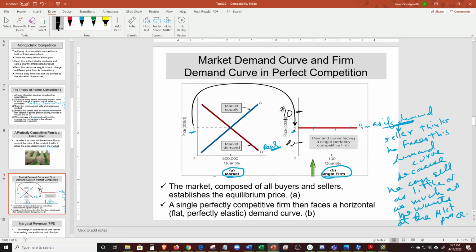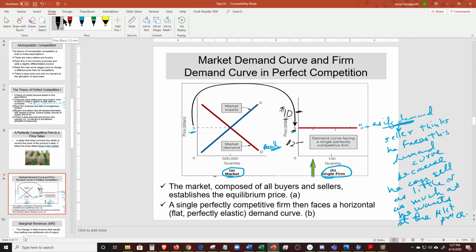But when you think about the idea that the seller wants to maximize profits, then you can come quickly to the conclusion that the farmer, the producer, will not sell it at $2 a bushel. Why? Because he can get $5 a bushel for it. So his revenue and hence his profits would be much higher at the market price than at this below-market price. It is true he could sell it for less, but there's no reason to, because he can sell as much as he wants at this market price.